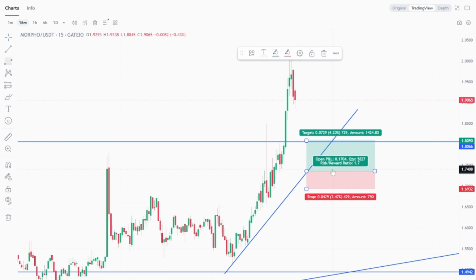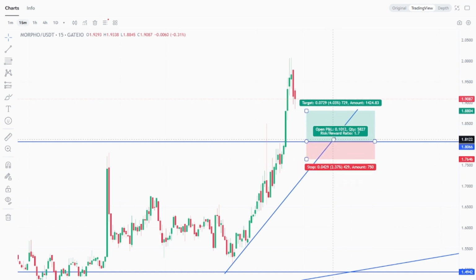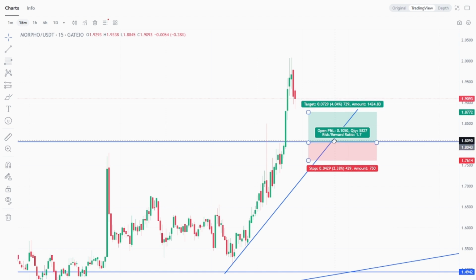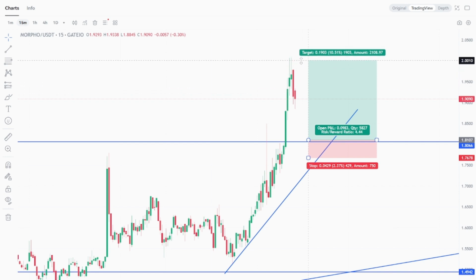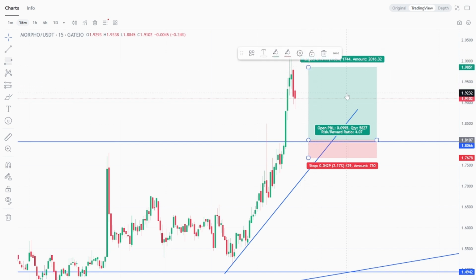And finally, this token might just come to this level right here, and you enter a trade and you put your stop loss right here, and you can always reference the previous high right here. So that's a good trade you can take.